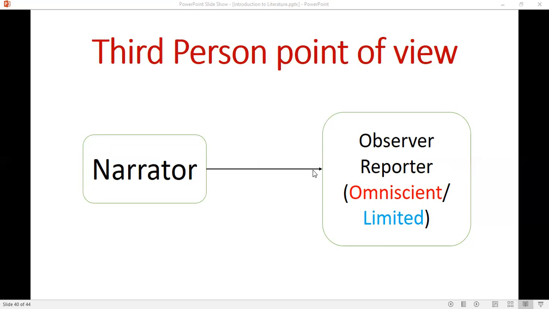There are advantages and disadvantages of using these three forms of narration. When we study the poem in our syllabus later, we will learn further about them.